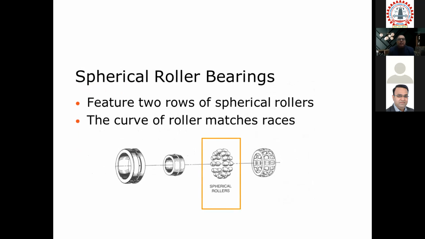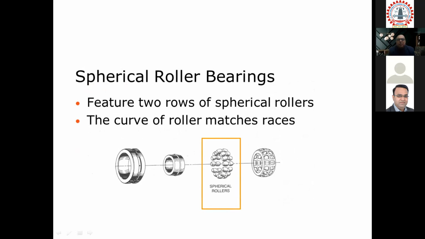Let's go to the next type, which is spherical roller bearing. It features two rows of spherical rollers. That is why in many places people call it DSR also, which is double spherical roller bearing. The curve of the roller matches the race, and if you look at the rollers, they are spherical in shape, but cut at the ends.